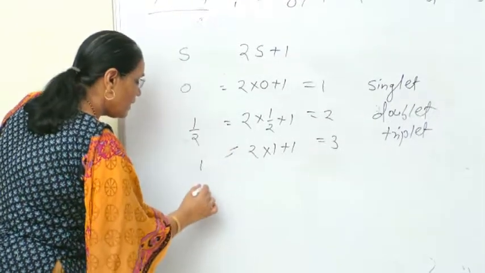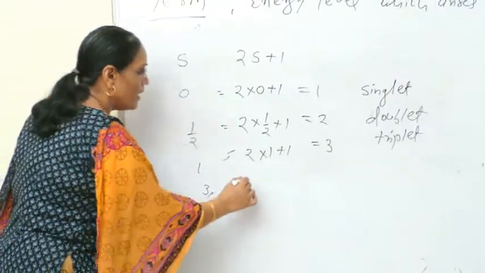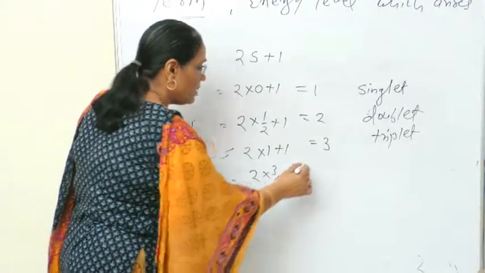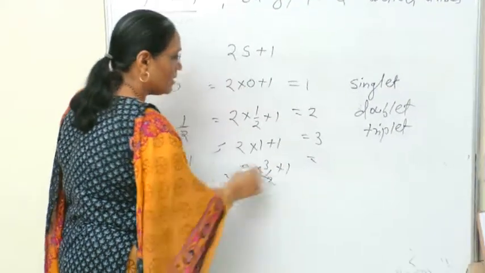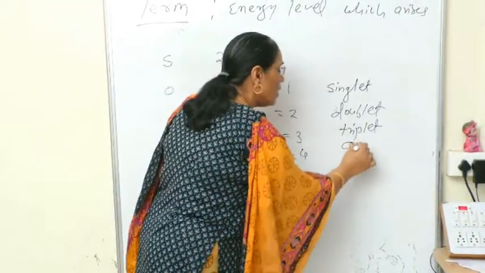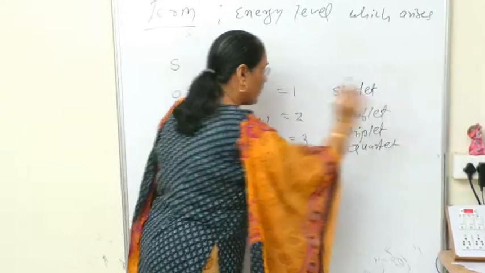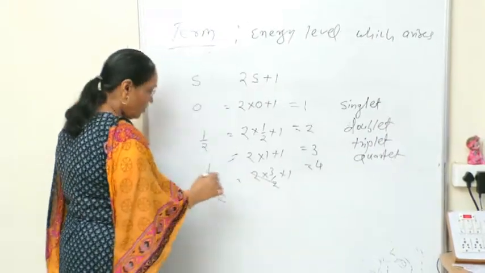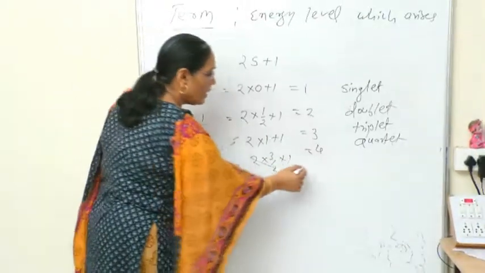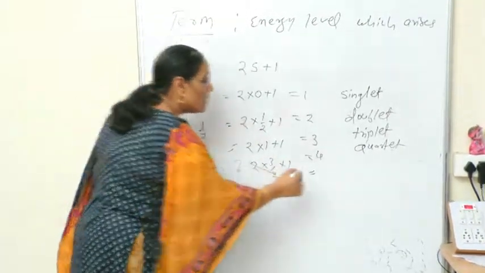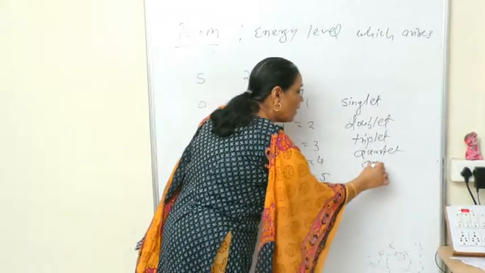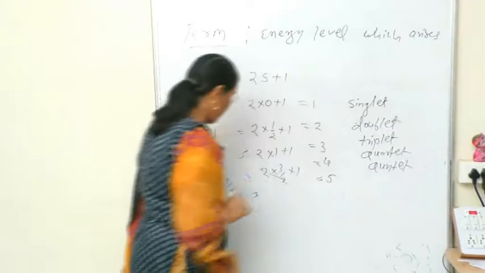When it is 3/2, 2 into 3/2 plus 1 is 4, and the term is called quartet. If the total spin is 2, the spin multiplicity is 5 and the term is called quintet.